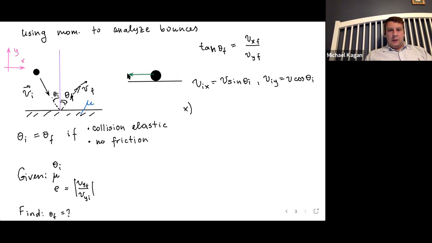Friction is acting this way. And normal force is acting this way. I'm not doing it up to scale right now, just representing the force. And you can actually neglect force of gravity, because that's much, much less than the normal force during the collision. Normal force may be like hundreds and thousands times greater than the force of gravity. So the normal force changes the y momentum and friction changes the x momentum.